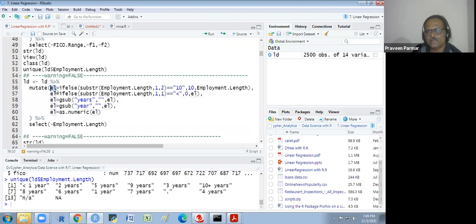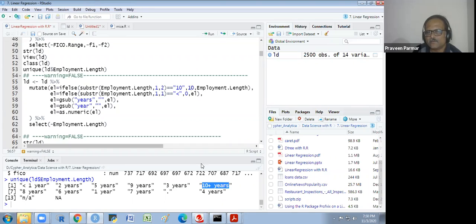I am using an ifelse condition: substring of employment length, 1 to 2. 1 2 means the first 2 characters. If the first 2 are 10, then the whole should be 10. Instead of this 10 plus years, I will get there 10 only. I will substitute 10 there. I am using the ifelse function for this. Got it?